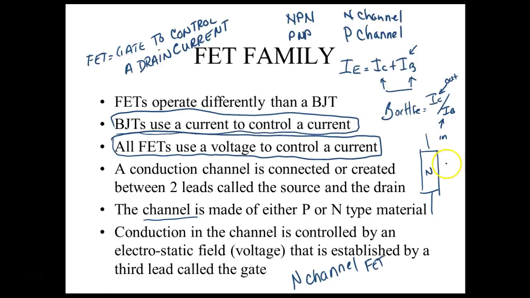And of course, the illustration that I showed right here is the illustration for an N-channel FET, or of course, FET means field effect transistor. Okay, but they're still transistors. So the three leads, if we drew this normally, how it's set up, this lead up here right now would be the drain, and then this lead right here coming in would be the source.